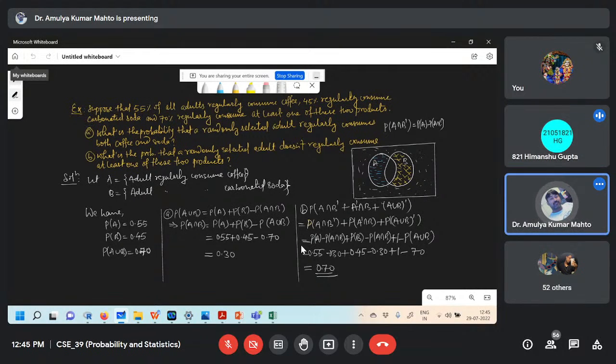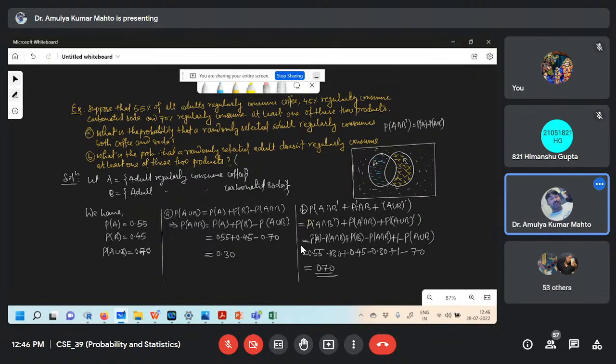And yes, A union B. If we write doesn't consume at least one, not at least one, so it should be 1 minus A union B. So actually, this statement that a randomly selected adult doesn't regularly consume at least one of these is the same as saying the selected adult consumes only coffee, or consumes only carbonated soda, or doesn't consume both products.